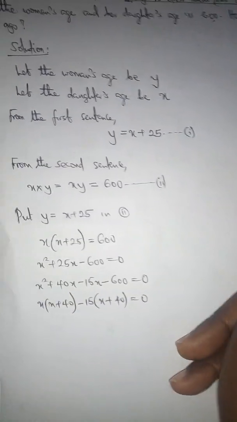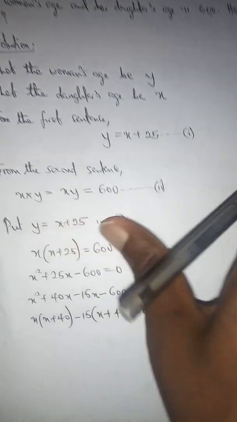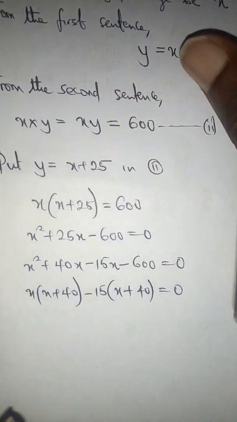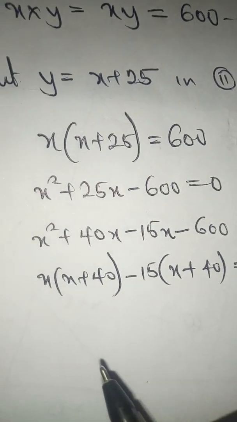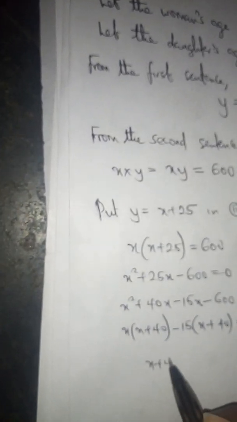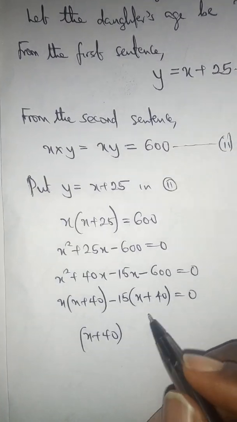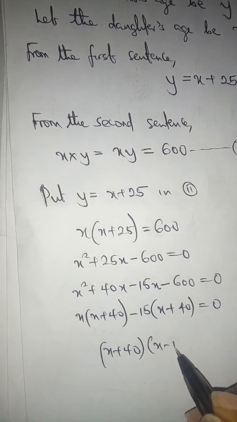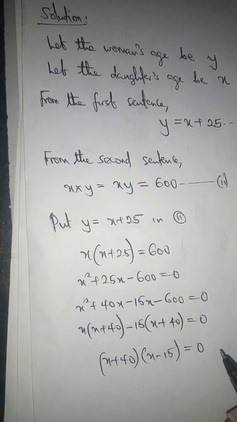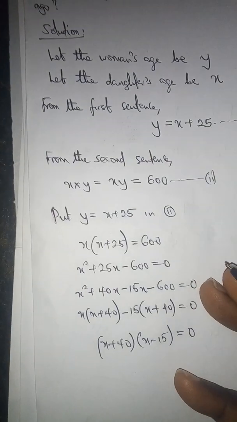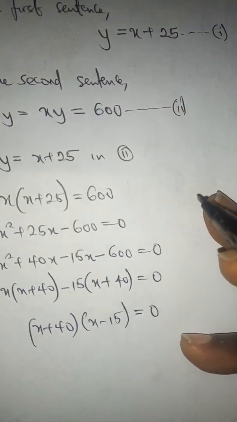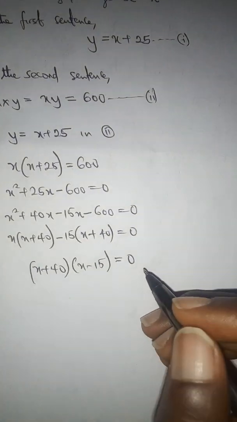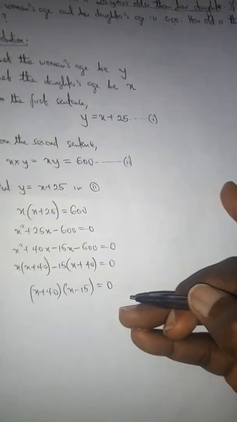So from there we can now make x the subject of the formula. Here we have (x + 40)(x - 15) equals 0. We choose one of the two. So we can now have x equals minus 40 or x equals 15.